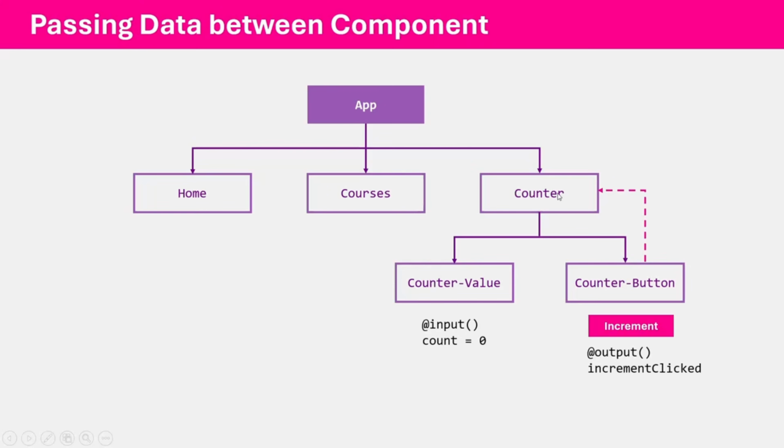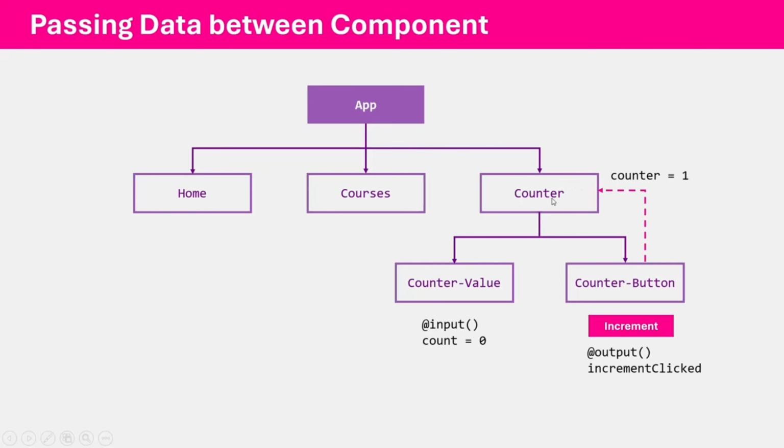In the parent component, we have bound this increment clicked event, and whenever this event happens in the counter button component, the counter component is notified about that and it executes a method. And when it executes that method, it is setting the counter property of the counter component to 1. Basically, it is incrementing the counter property by 1. So now the new value is 1.